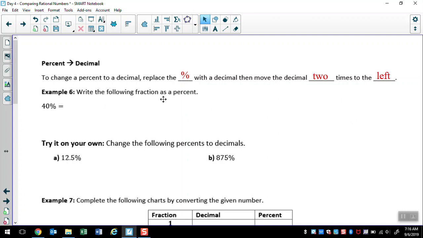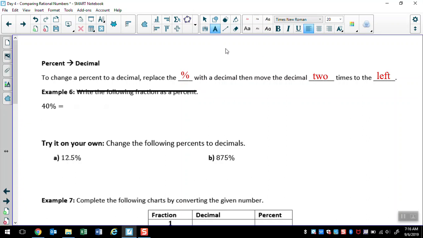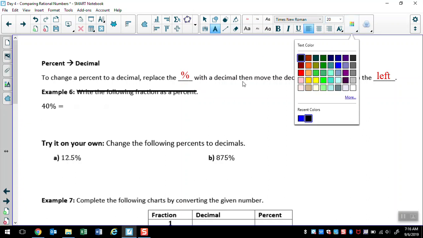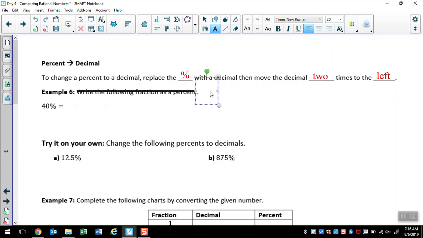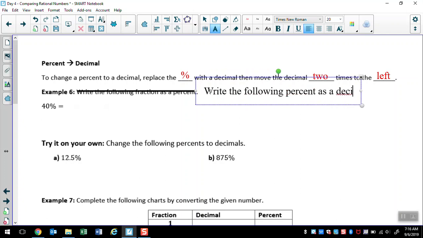So if we want to write the following fraction as a, that should not say fraction, that should say, let's just redo that. That should say write the following percent as a decimal. All right, sorry about that typo there.